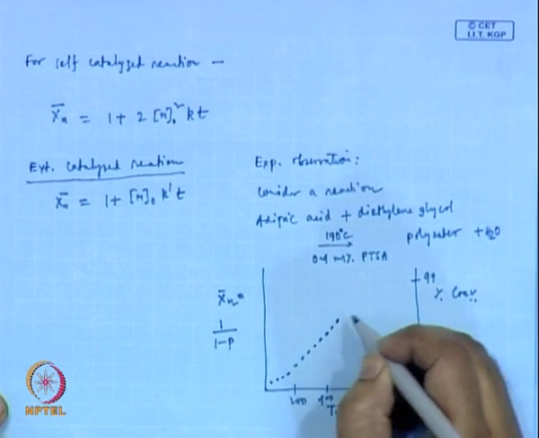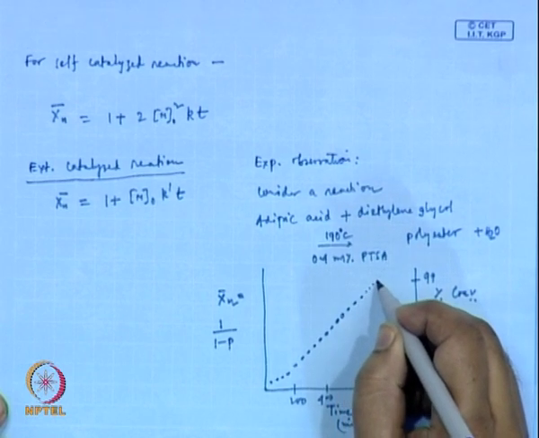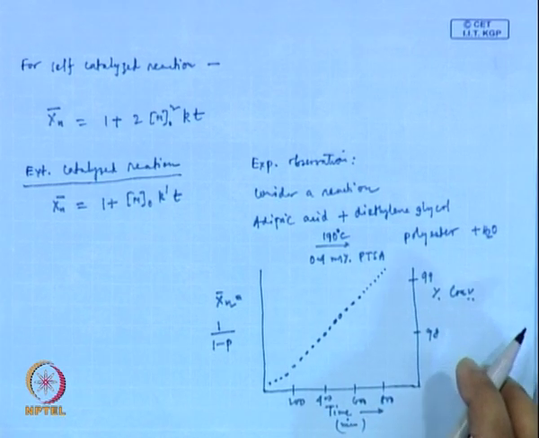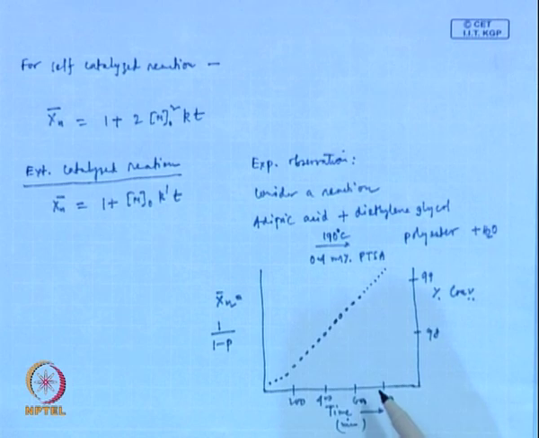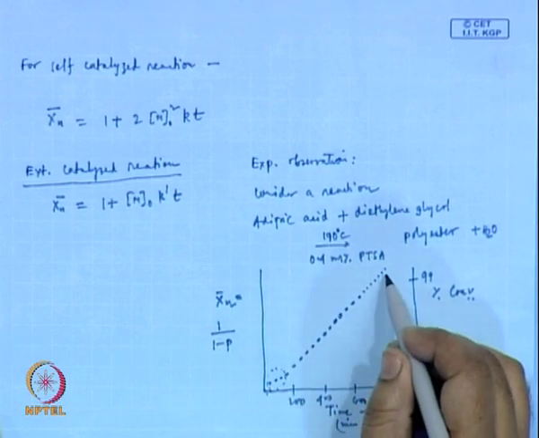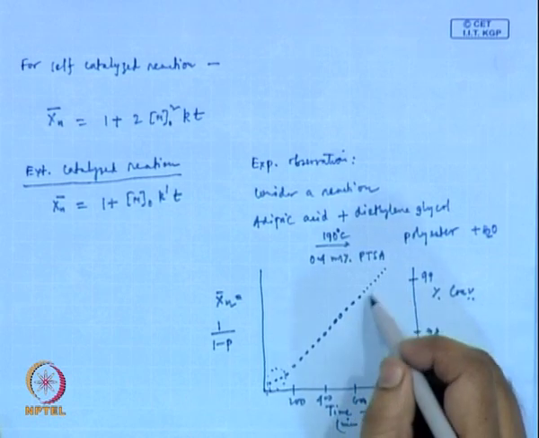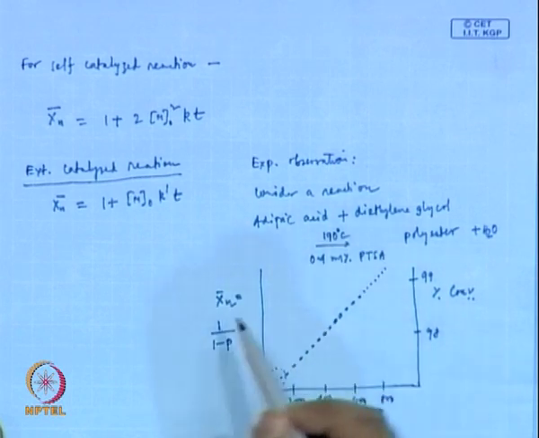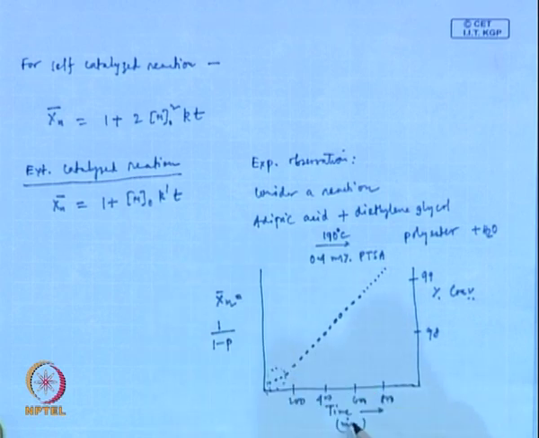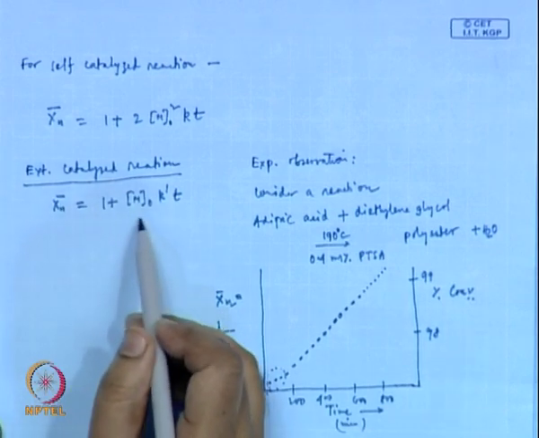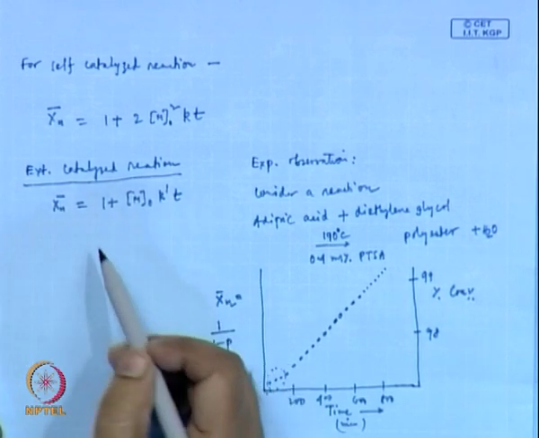Now, experimentally it has been found to follow something like this. What do we see here in this experimental observation? We see that except for this initial part, for the entire conversion region, you have a linear relationship of average degree of polymerization with time, as predicted by your reaction mechanism.